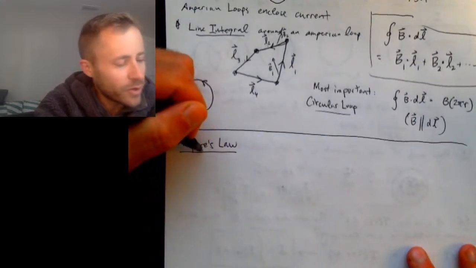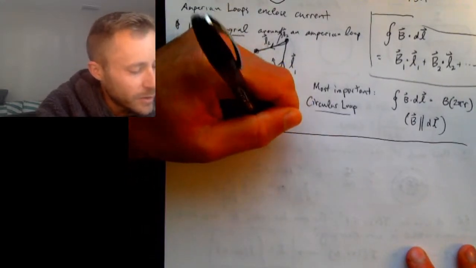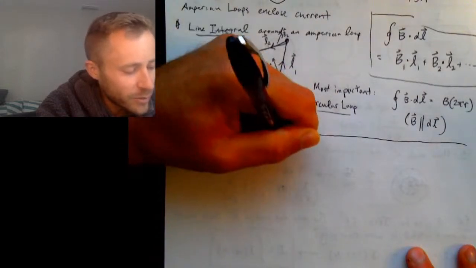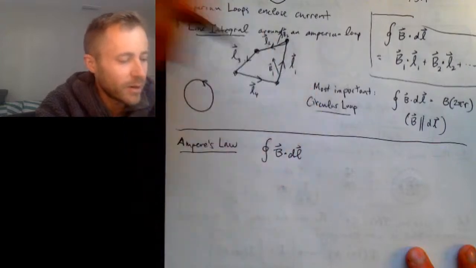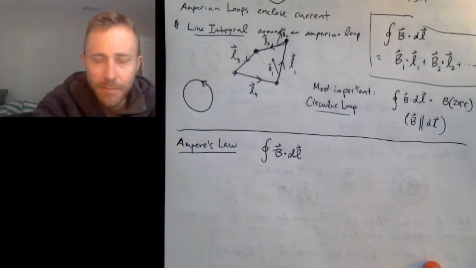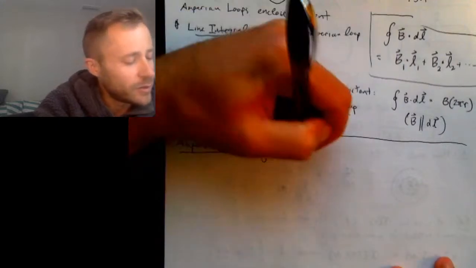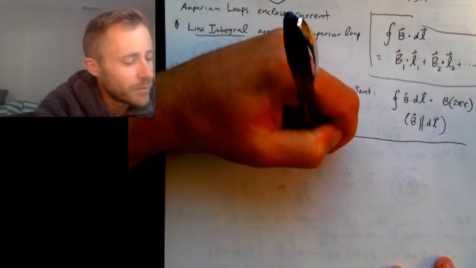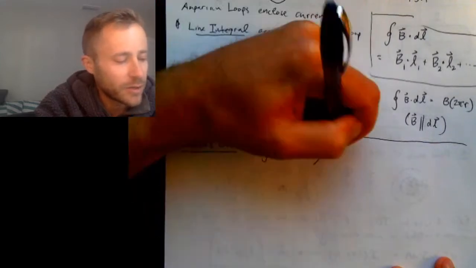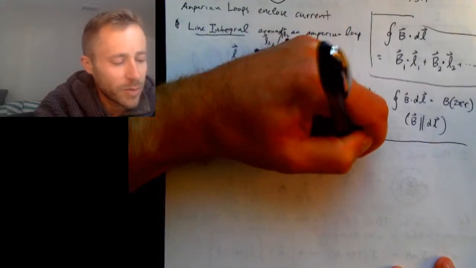So what Ampere's law says is that the line integral of the magnetic field around an Amperian loop, okay, is equal to a constant times the current enclosed by that loop.